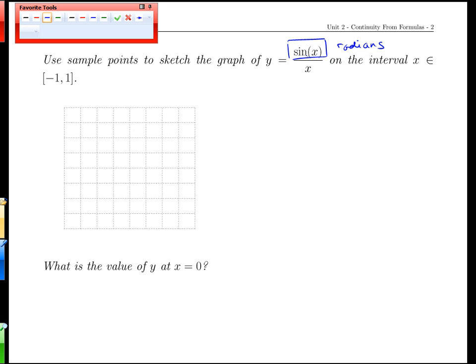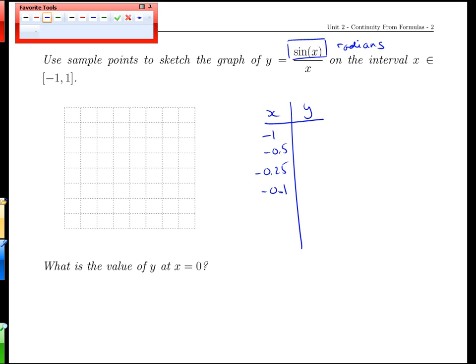All right, so with our calculator set to radians, we can do some sample points and just see what we get. So let's do a range here, and we'll zoom in around 1. And yeah, let's get a little bit closer than that. Okay.